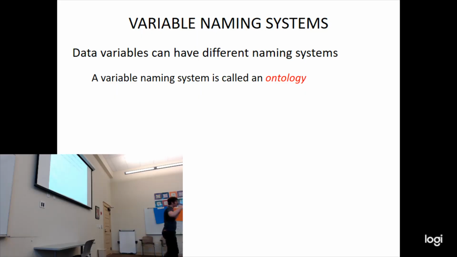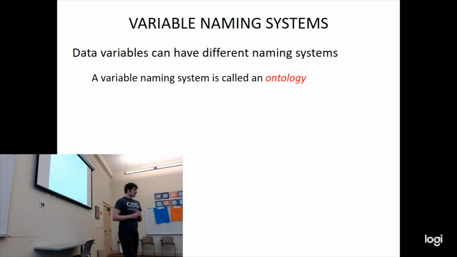An ontology in information science is a way of assigning text labels to stuff out there in the world and defining their relationships to each other. So this is a formal branch of information science. If you talk to a library scientist, they can probably tell you a lot about ontologies. It also comes up in data set structures.